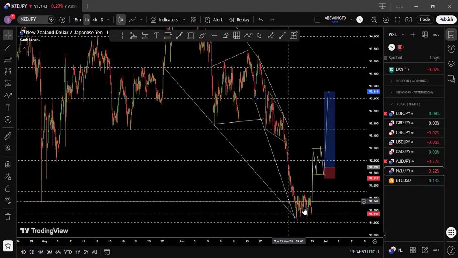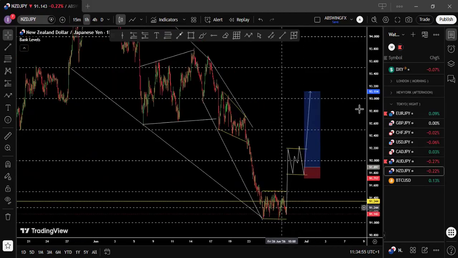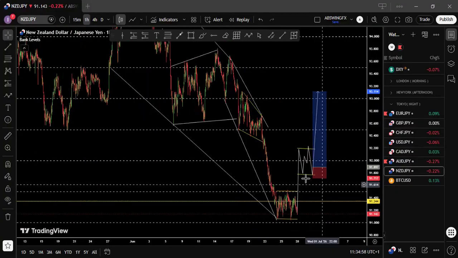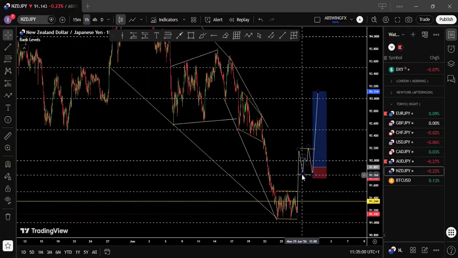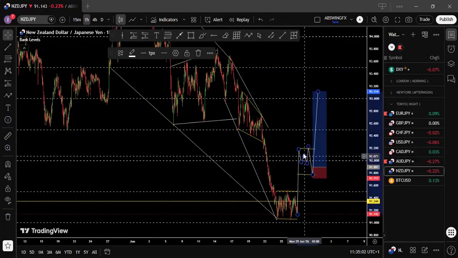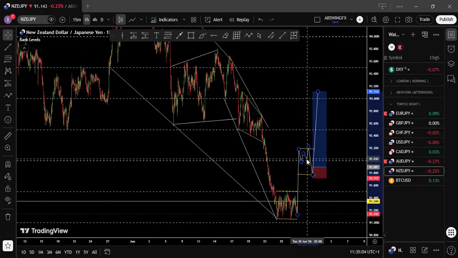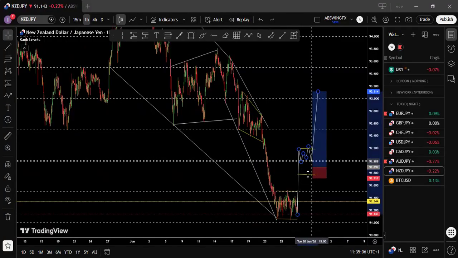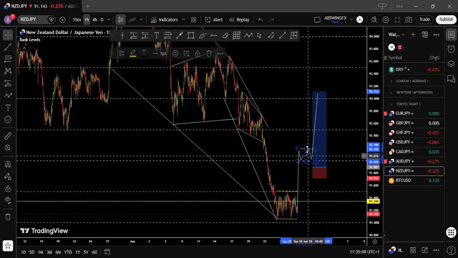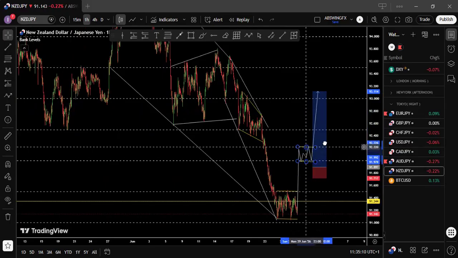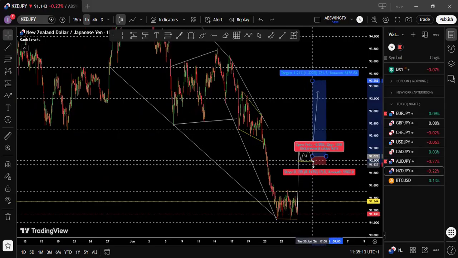This is more of a fake out. I'm expecting a reversal, and at least this has to be here. A very huge one, and we'll be looking for a buy here, targeting the mid.